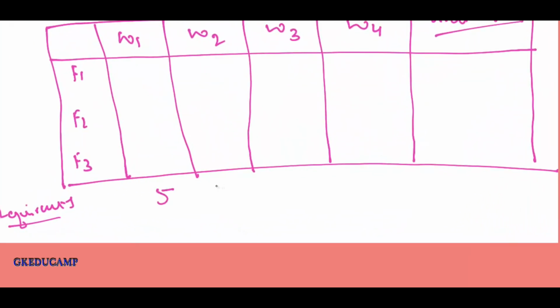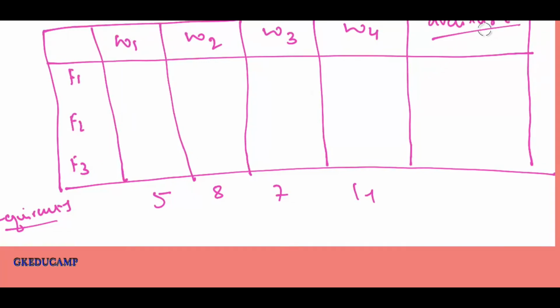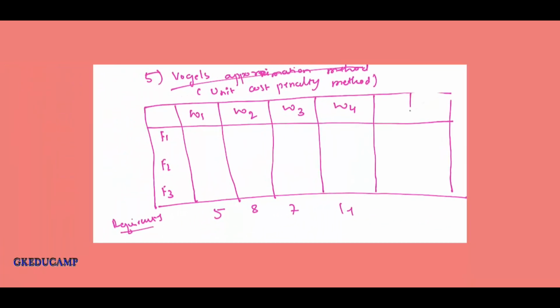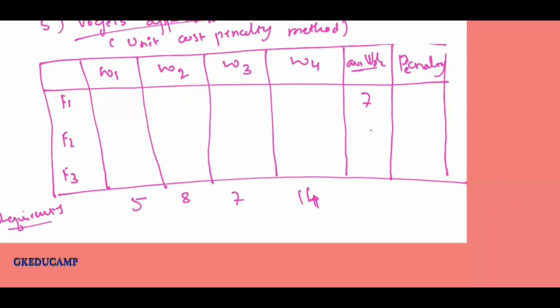The requirements are 5, 8, 7, 14, and the availabilities are 7, 9, 18.